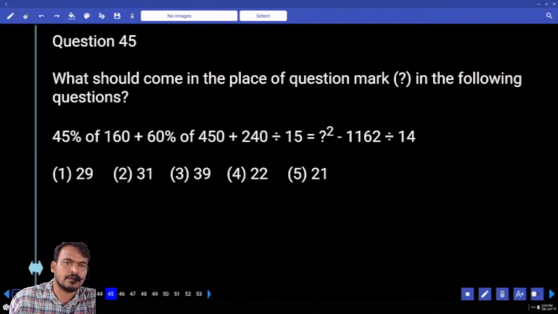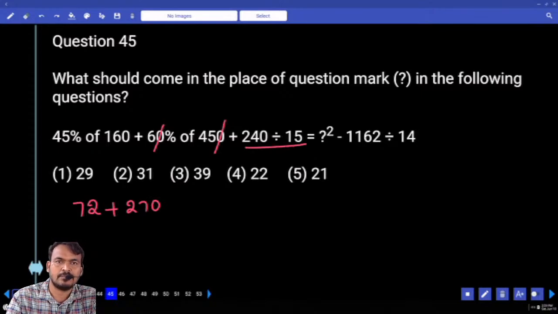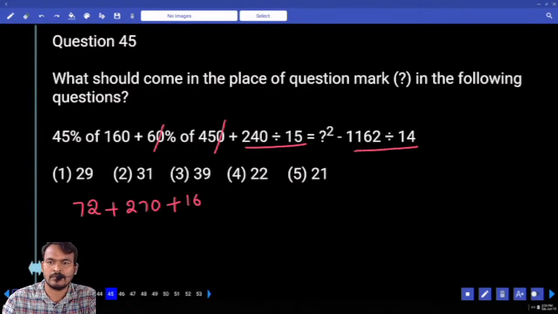45% of 160, nothing but 50% minus 5%, that is written as 72. 60% of 450. Percent, 2 zeros are cancelled. 6 into 45, 270. Next, 240 divided by 15, how many times? 16 times. And 1162 divided by 14, 14 almost 8 times.